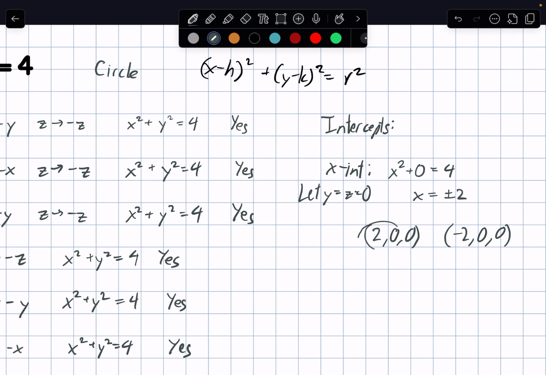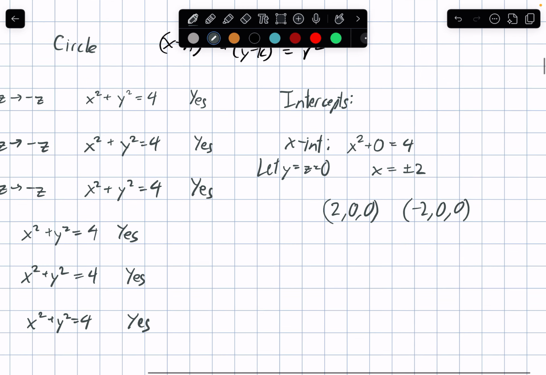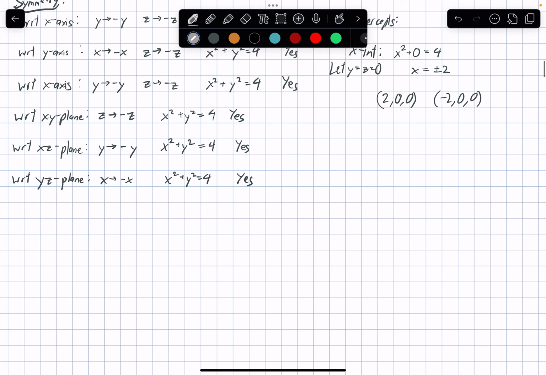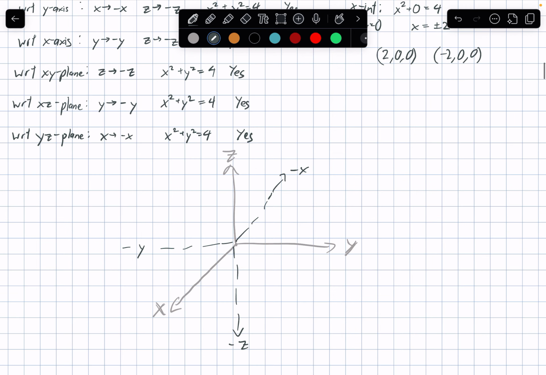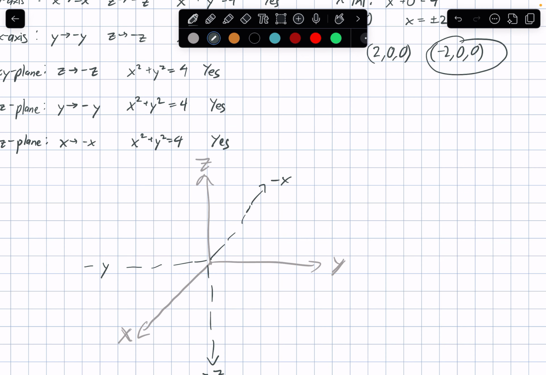Usually, this is the only point that we're going to care about, because generally this is the illustration. The order that we will follow is that x is here, y is here, and z is here. In this case, at the bottom we have negative z, here we have negative x, and here we have negative y. We are not going to mind that, because the point negative 2, 0, 0 is basically found here, right?